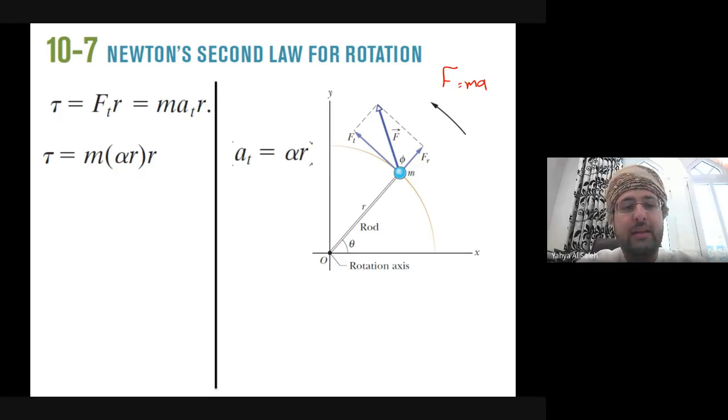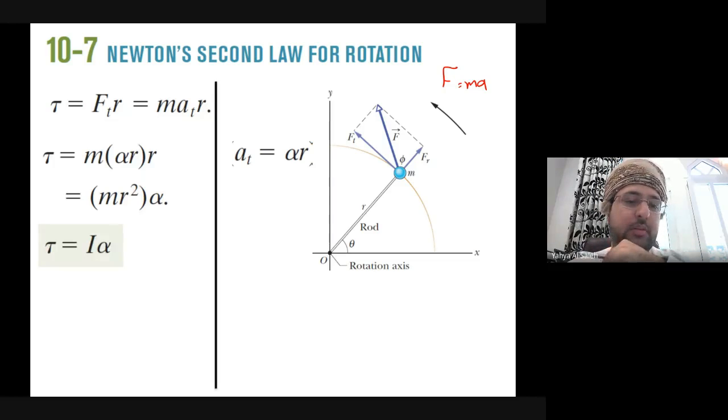We put that back in, we get m alpha r r, which means we have m r squared alpha. And what is m r squared? Simply I.